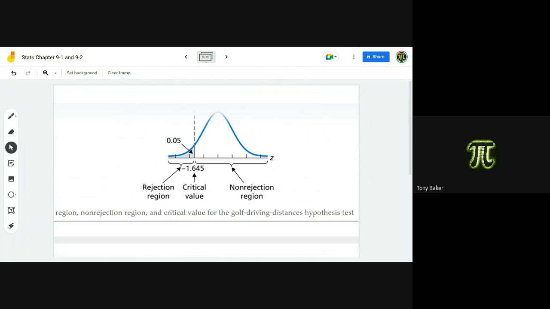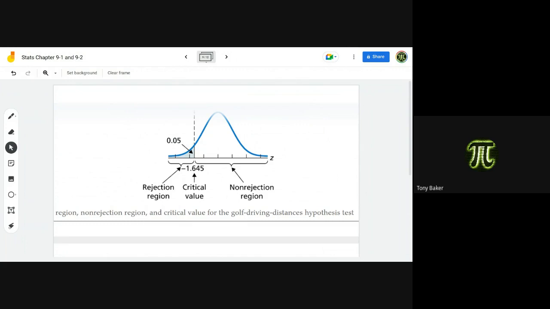Since it's a one-tailed, that's where that 95 comes from. We have our rejection region. If it's inside that tail, it's rejected. And our non-rejection region, if it's outside that tail. What we're rejecting or not rejecting is the null hypothesis. Okay, we're not rejecting the alternate. We're rejecting the null hypothesis.